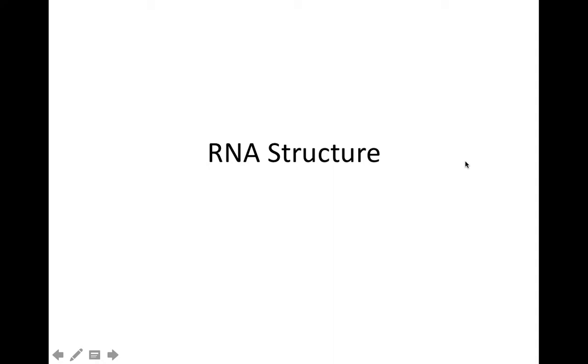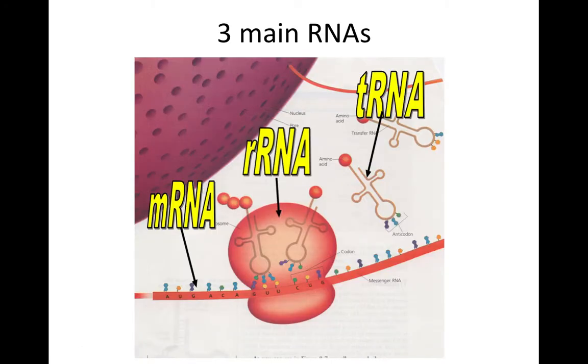So let's put our focus on RNA now. There are 3 main types of RNA found in the cell. We have the mRNA, which is the messenger RNA. We have the rRNA, which is the ribosomal RNA, and we have tRNA, which is the transfer RNA.